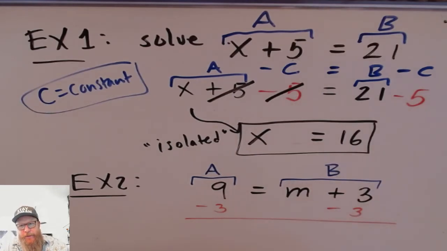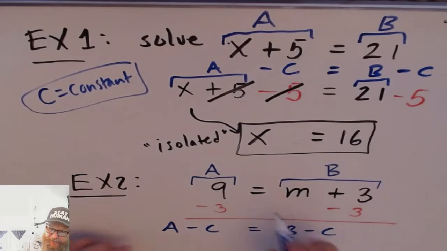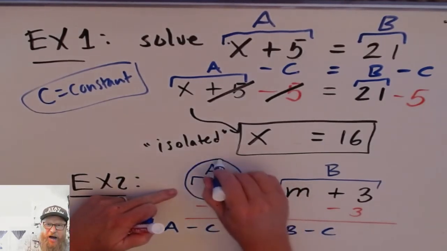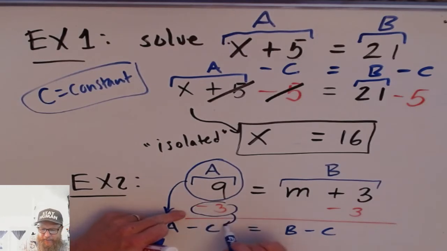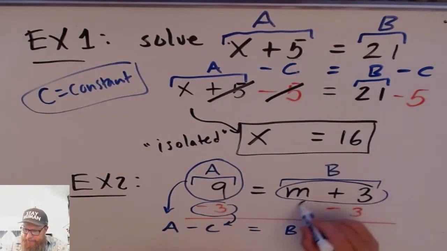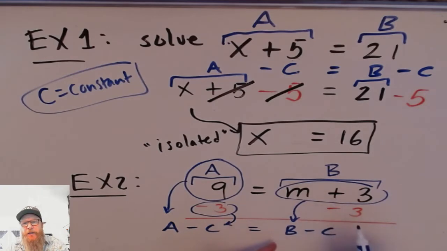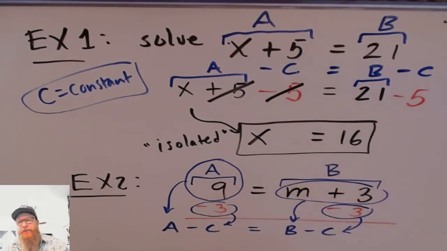All right. So again, I'll just write this one time here. I'll say A minus C is equal to B minus C, you see? So A is 9, and C is minus 3. That's minus C. And then B is all of this, m plus 3. And then C is the minus 3. And that's the last time I'll do that.